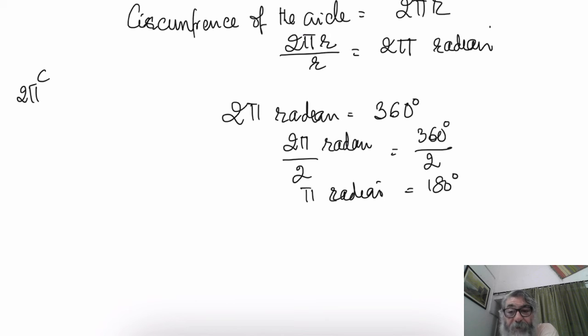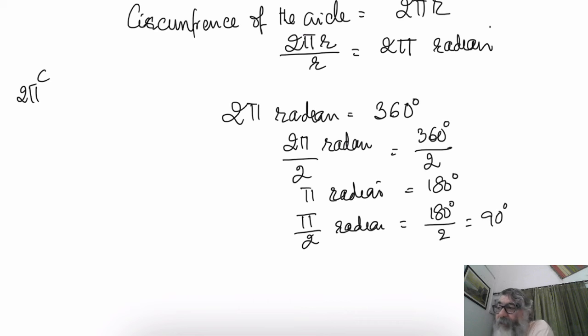If I divide further by 2, pi by 2 radian, then what will I get? 180 degrees upon 2, and I will get 90 degrees.